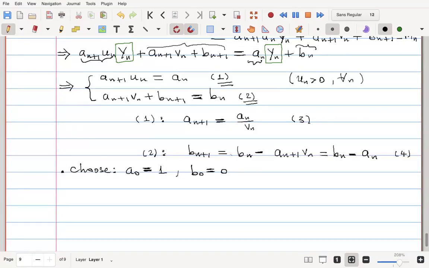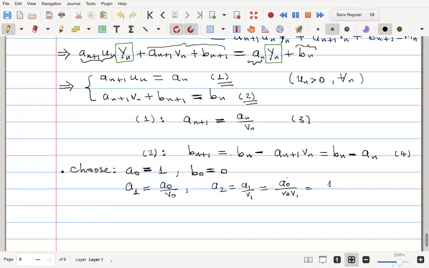Right. Now, recursively, if we use these two choices, we can see that solving this recursively, let's first find our a_1. So a_1 will be a_0 by v_0, and a_2 will be a_1 v_1, and this in terms of a_0 will be a_0 v_0 v_1, and that is nothing else than 1.